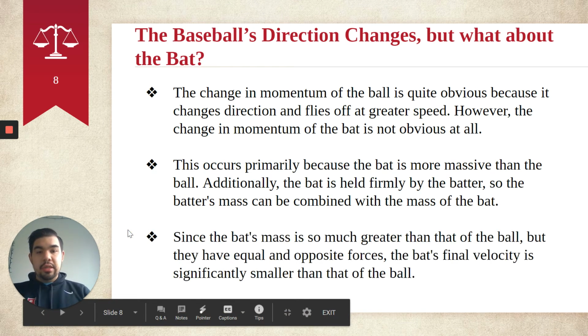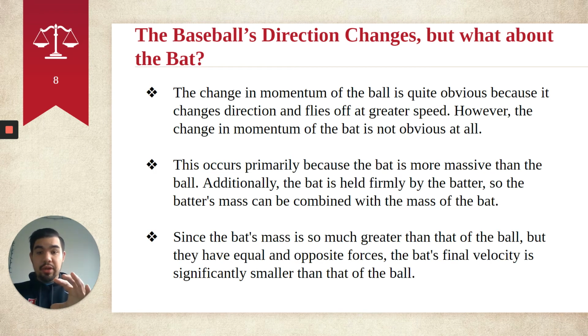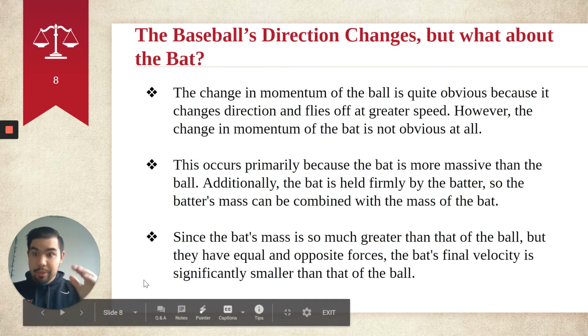So even though you have equal and opposite forces acting on both the ball and the bat and batter, because the mass of the ball is so much smaller, that same force is going to affect it much more than it's going to affect the much larger system of the bat and batter. Therefore, the final velocity of the bat and batter is going to be much smaller than the ball, which is why the ball goes flying out of the stadium and the bat does not.